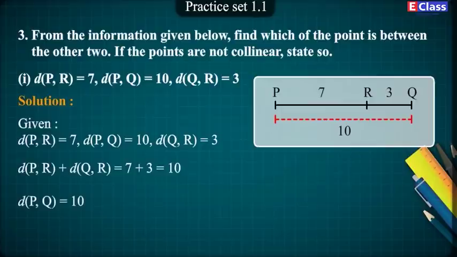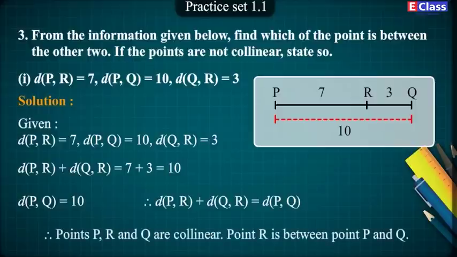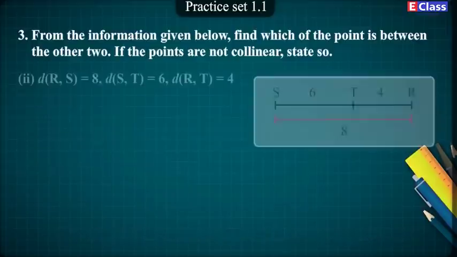Distance of PQ is equal to 10. Therefore, distance of PR plus distance of QR is equal to distance of PQ. Therefore, points P, R, Q are collinear, and point R is between point P and Q.